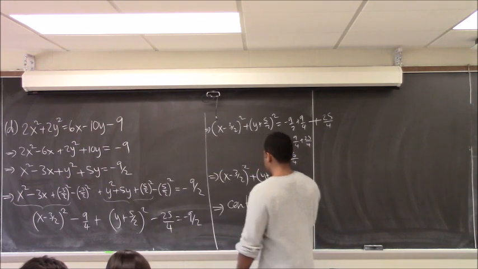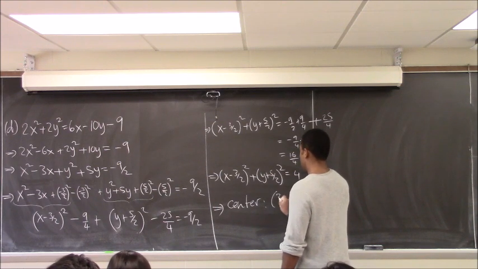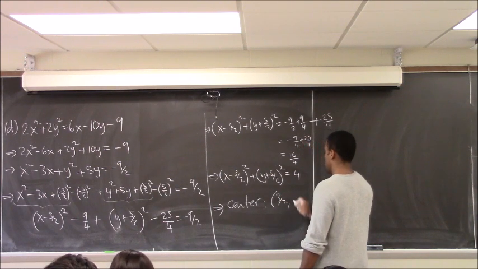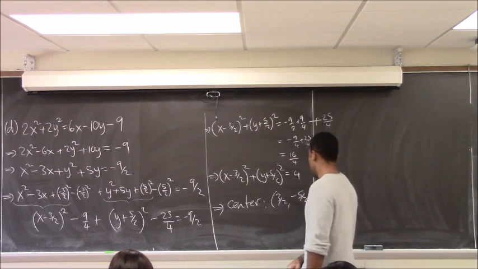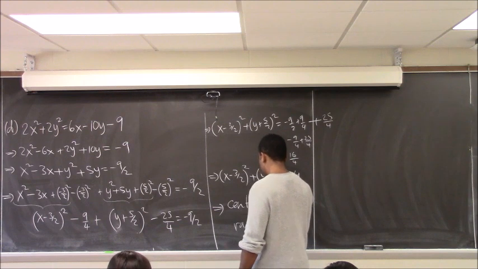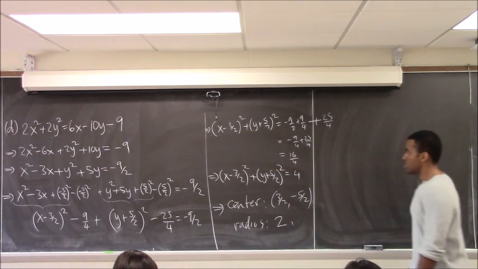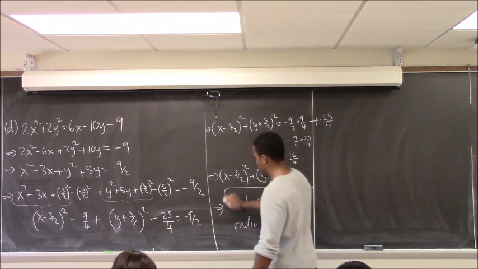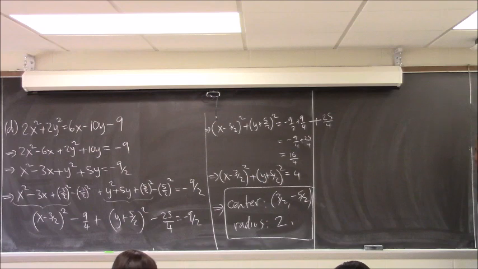Center: 3 over 2, minus 5 over 2, because negative is in our formula, and the radius is 2.